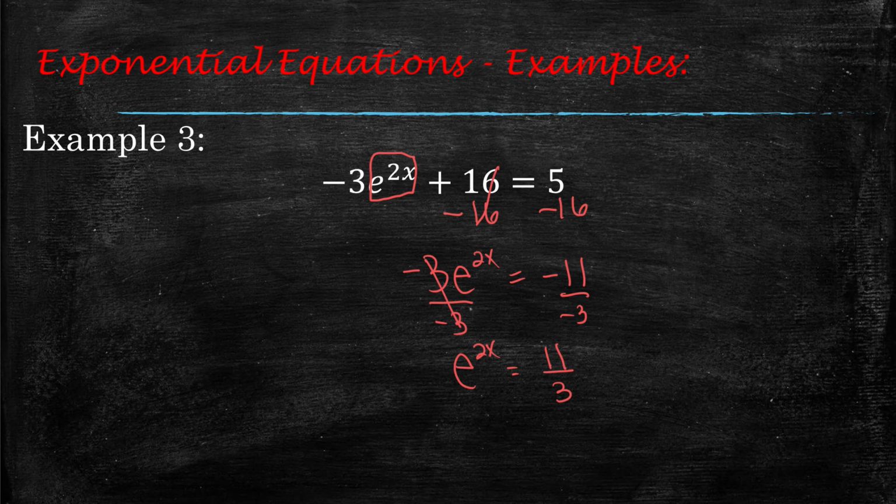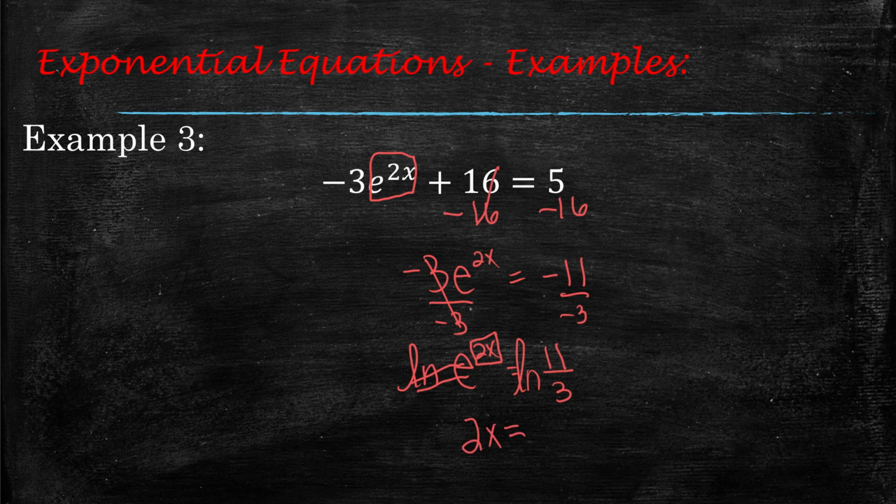Now, in order to get up to that exponent, because that's what we need to solve, is up here, we have to convert it to a log. Well, remember, the log that has a base of e is the natural log. So you're going to take the natural log of both sides. That will cancel off your e and leave you with 2x here.